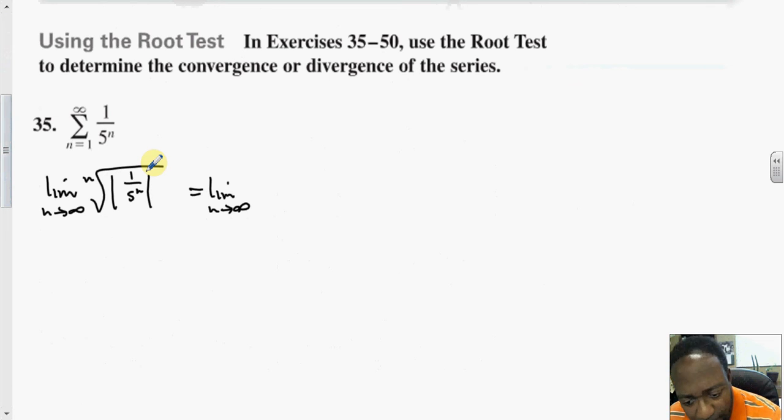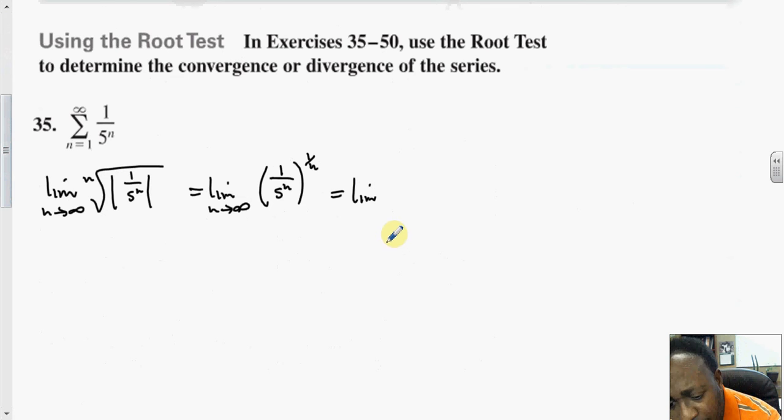And so what we have is 1 over 5 to the n raised to the 1/nth power. So this is the limit as n goes to infinity. 1 to the 1 over n is 1, and then 5 to the n raised to the 1 over n is 5.